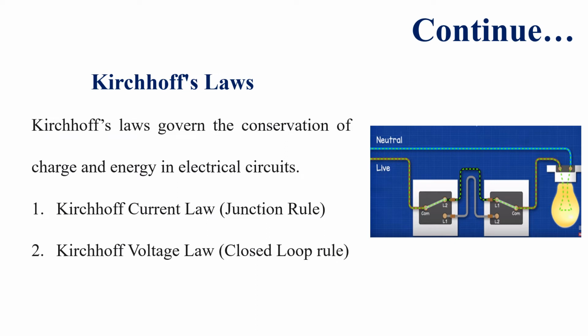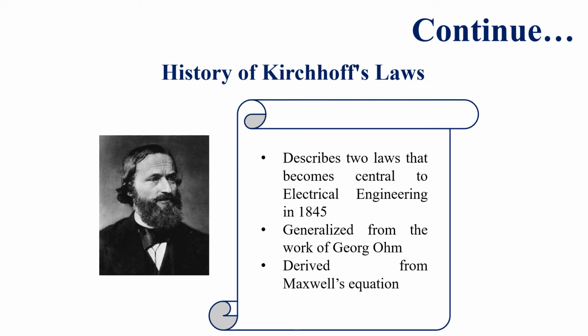Kirchhoff's current law is also known as junction rule, and Kirchhoff's voltage law is also known as closed loop rule. In the year 1845, Gustav Kirchhoff, a German scientist, introduced a set of laws which deal with current and voltages in the electric circuits. These laws became central to electrical engineering.